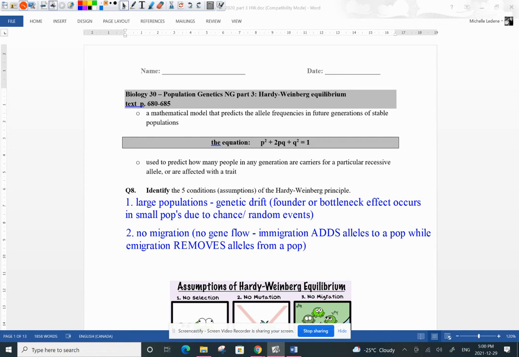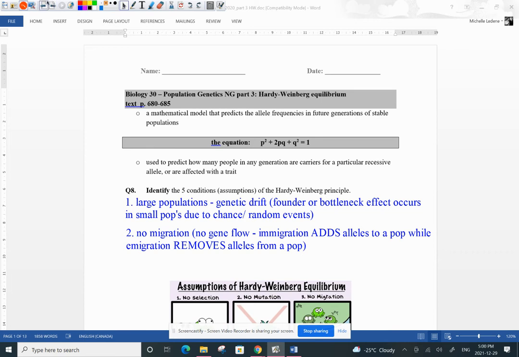The second assumption, in order for the Hardy-Weinberg equilibrium equation to be true, is that there's no migration, no gene flow. So individuals are not immigrating into a population, because then you'd be adding alleles into a population. There cannot be any emigration, because that would mean you're removing alleles from a population.